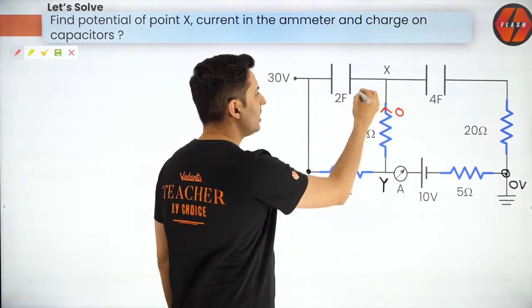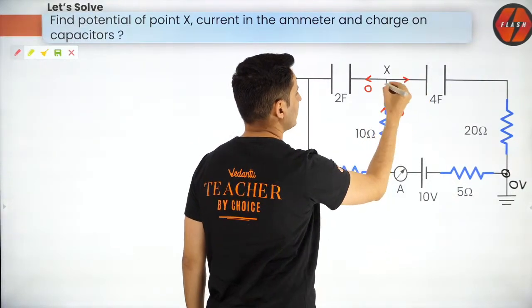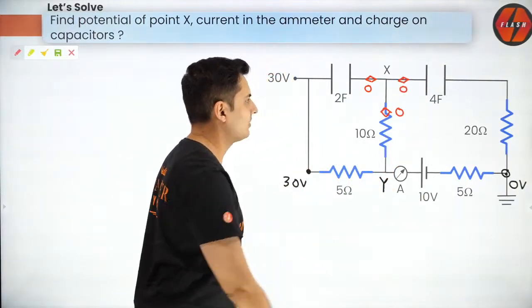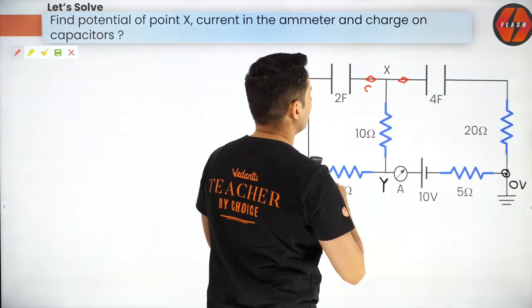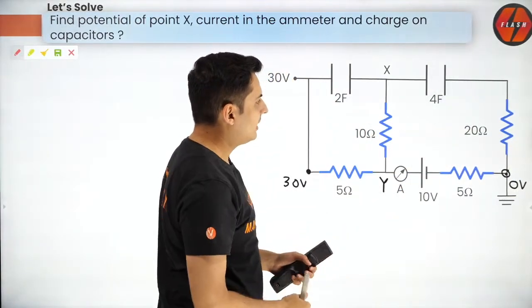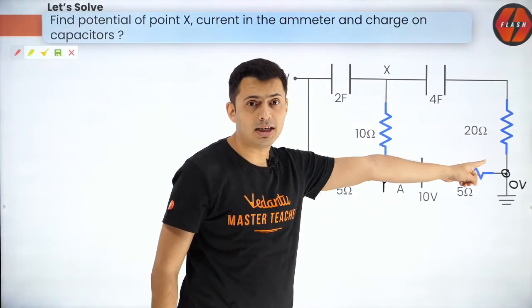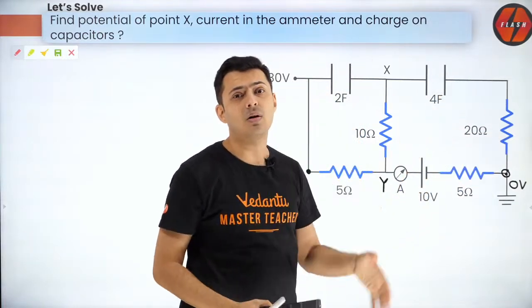No current will flow, and there is no current here also, and there is no current here also. So the current here is 0. So it does not flow in any direction. Then, if this is understood, think because this capacitor is in series with this 20 ohm resistor, no current can flow in this resistor also.